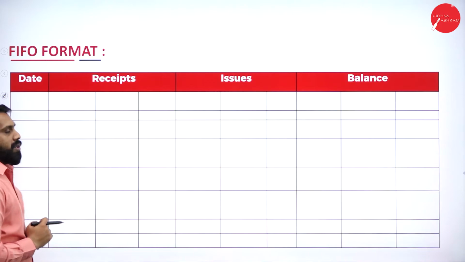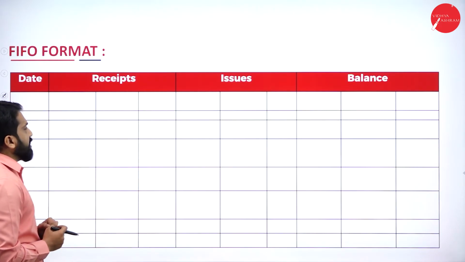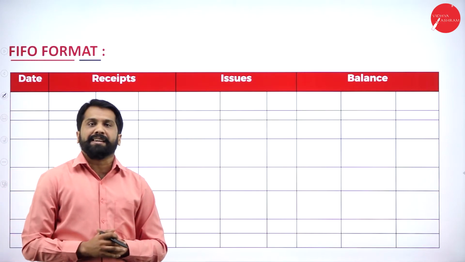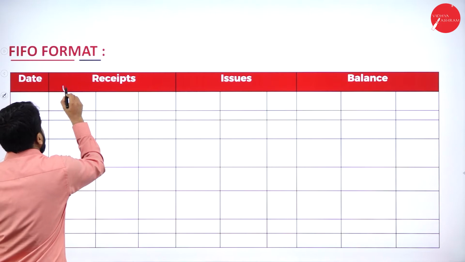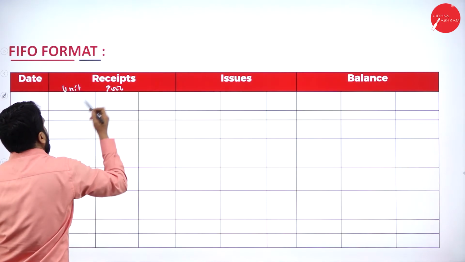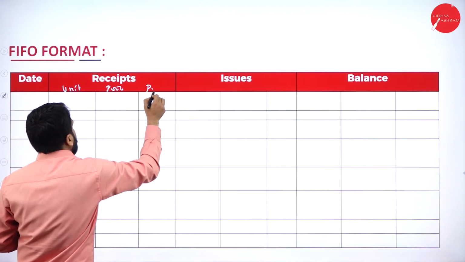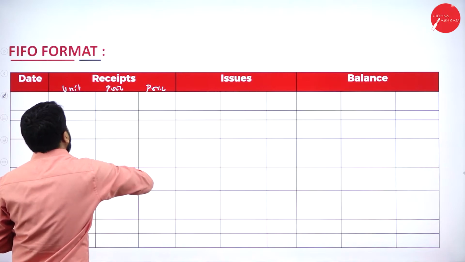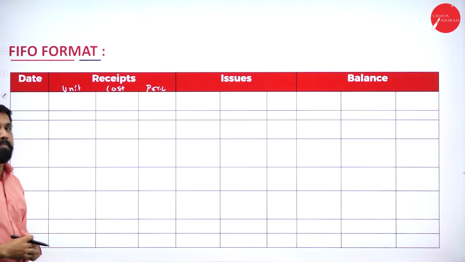Under date we don't have any sub columns, but under receipt we have subcategories. Which are those? First will be unit, price, or unit and cost. So this will be your price. So this we can call it as cost. Unit, cost as well as price.